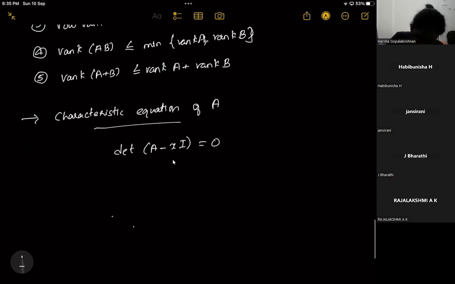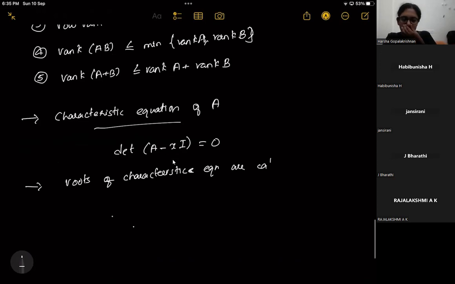The roots of the characteristic equation are called eigenvalues. So if A is an n by n square matrix, we will find the determinant of A minus xI equal to 0.